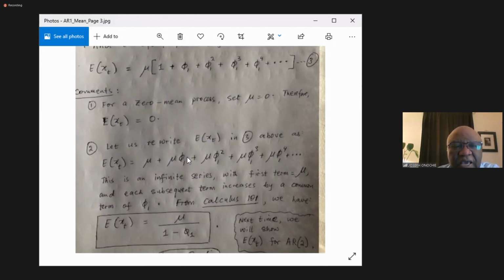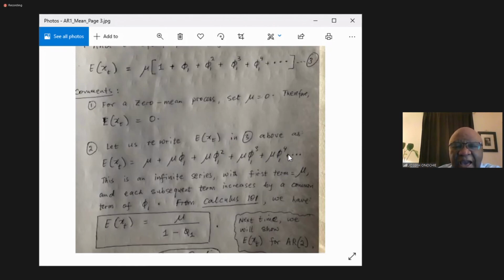This whole thing, I multiply it by the same constant, phi1. This whole thing, I multiply it by phi1 to get 3. This whole thing, I multiply it by phi1. So this is an infinite series that each expression is different from the previous one by the same constant term, phi1, okay?